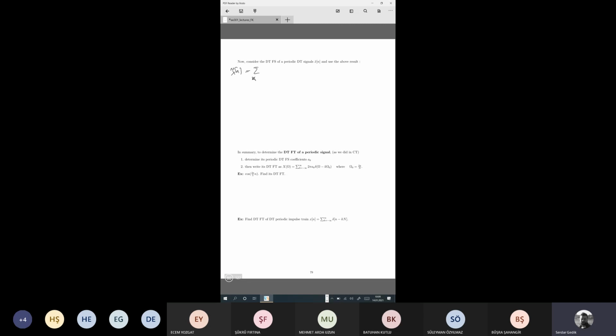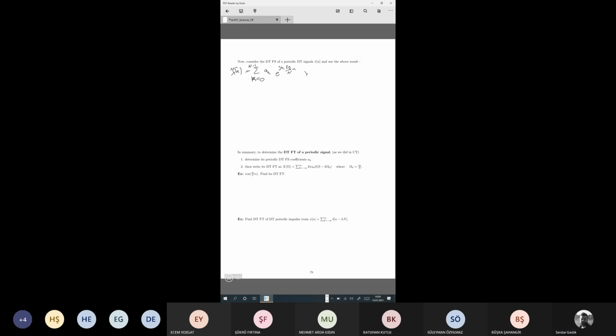So if you go further and write your x tilde of n as the summation k from 0 to N minus 1 of a_k e^{jk 2 pi over N n}. Note that I started k from 0, but it's not necessary. I can start it from k equals k_0, from any k_0 value.